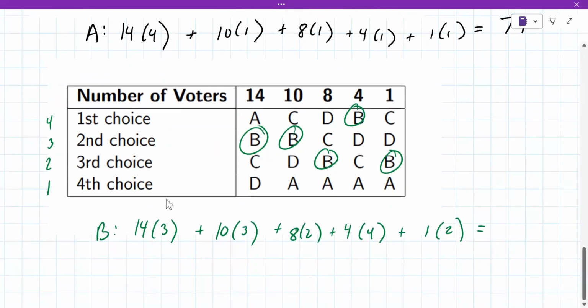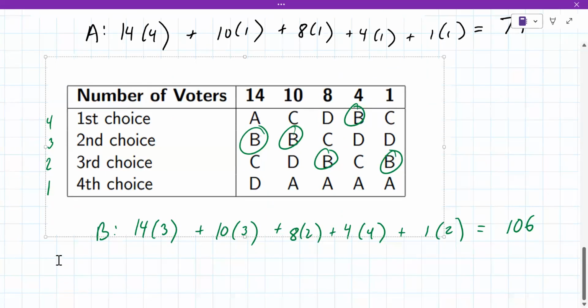So we got 42, 72 plus 16, 88 plus 16, 104, maybe 106 for that. Okay. You kind of see how I'm doing that here?